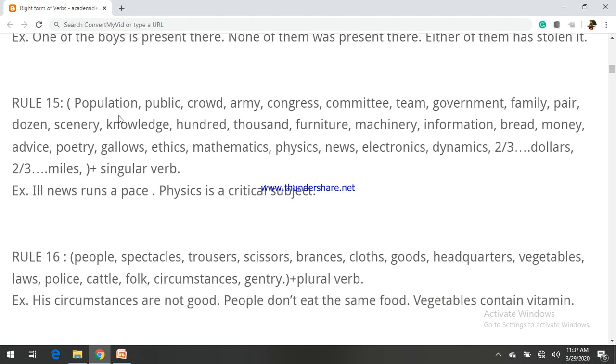Rule number 15. Population, public, crowd. Let's see the words inside the brackets. After these words, a singular verb is mandatory.